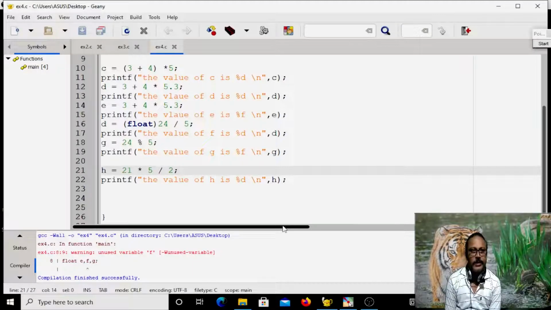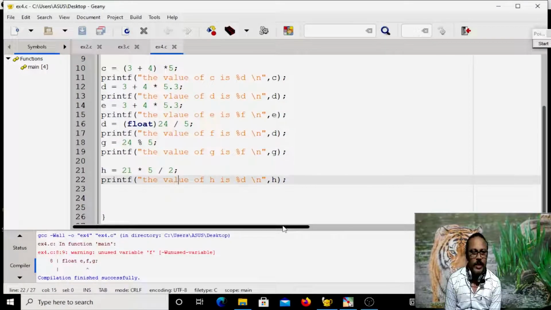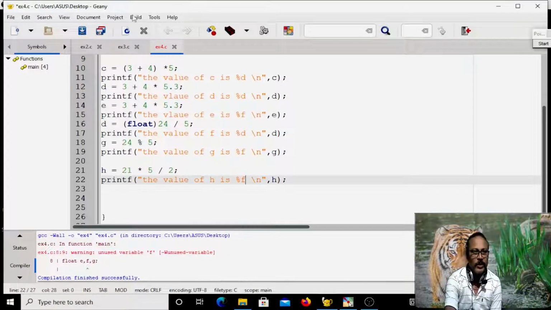What else? The mistake we sometimes end up with is, because h is an integer, I have to use percentage d, but accidentally keep it as percentage f. Then what happens?